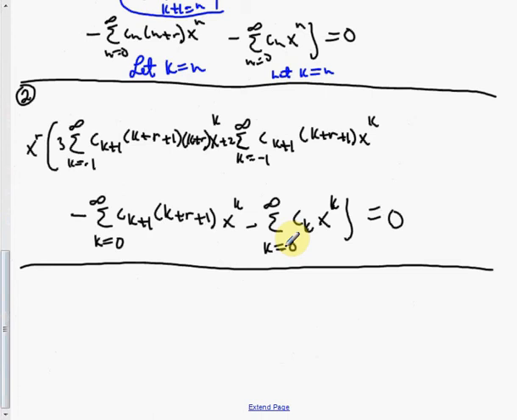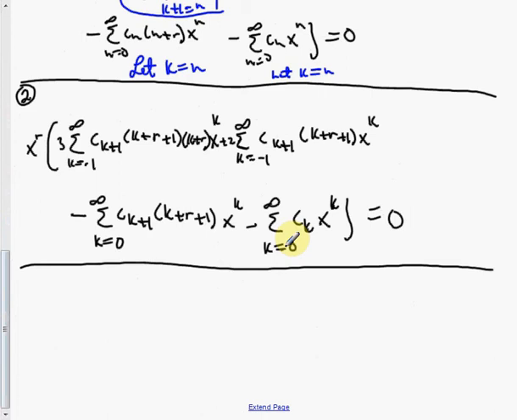Remember, we want to be able to write everything as one summation, but I can't do that if they're not starting at the same pivot point. So I'm going to evaluate the first 2 at k equal to negative 1, pull that out of the summation. Then I have left 4 summations starting at k equal to 0. Okay.